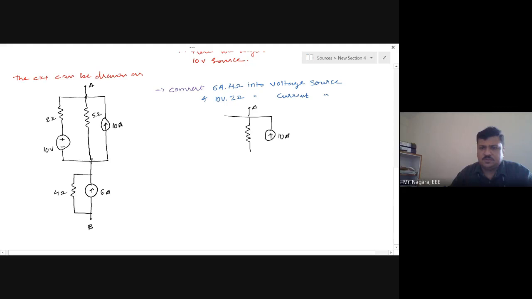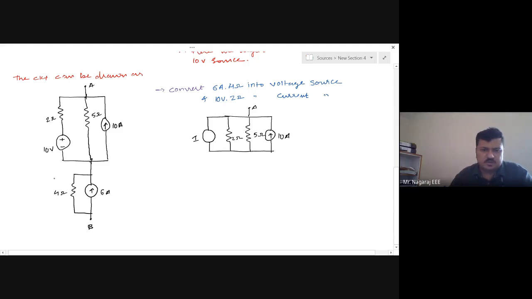So this 10 amperes is there, 5 ohms is there as it is. Now I have a current source in parallel with the resistor. Now no doubt this resistor is this 2 ohms. And the current, let me take it as I. You will see what happens with that.